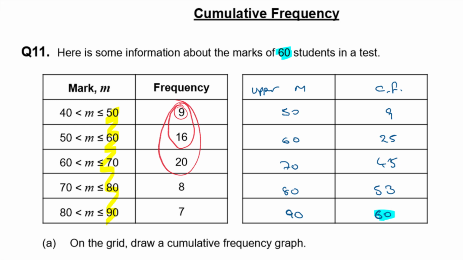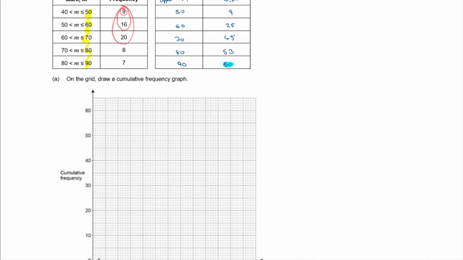So it's time to start plotting these values then. Now my first point to plot is 50 against 9, but I can actually plot a bonus point at the lower class bound of my first group. So I am going to plot an extra point at 40, 0 here, because there was nothing less than 40, because it's the lower bound of the lowest group.